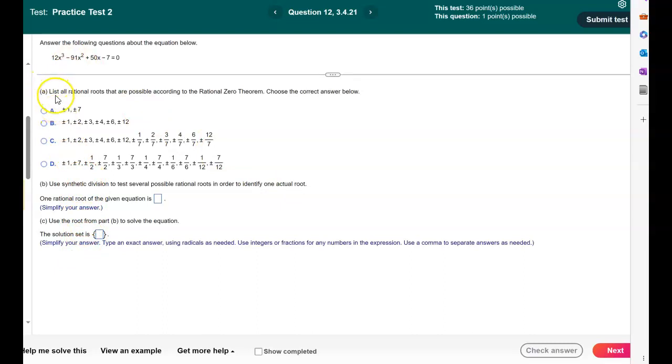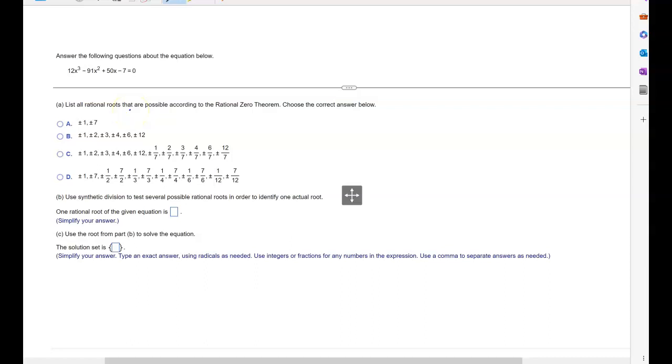Okay, so first, let's determine the possible rational roots for the polynomial equation here. And so to do that, you are going to use P over Q, where P are all the possible factors of the constant here, and the Q are the possible factors of the coefficient of the leading term.